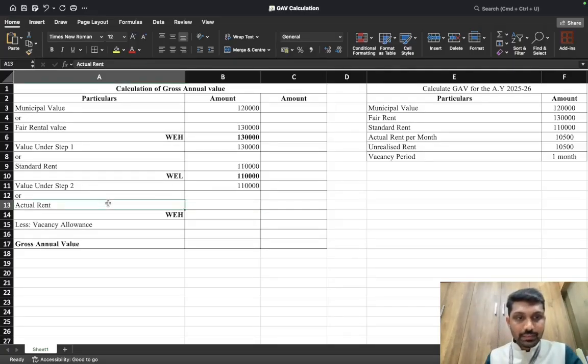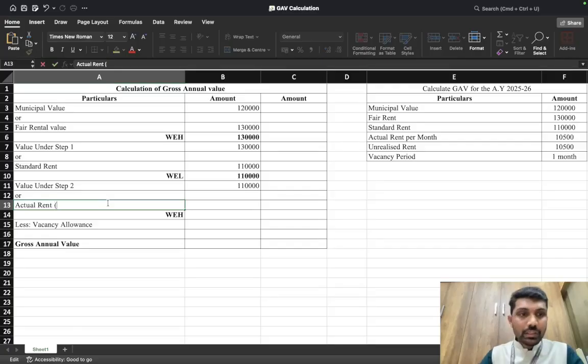So I will just write the calculation over here. We have 10,500 multiplied by 12. So you will be getting around 1,26,000. From 1,26,000 you have to minus 1 month unrealized rent, 10,500.